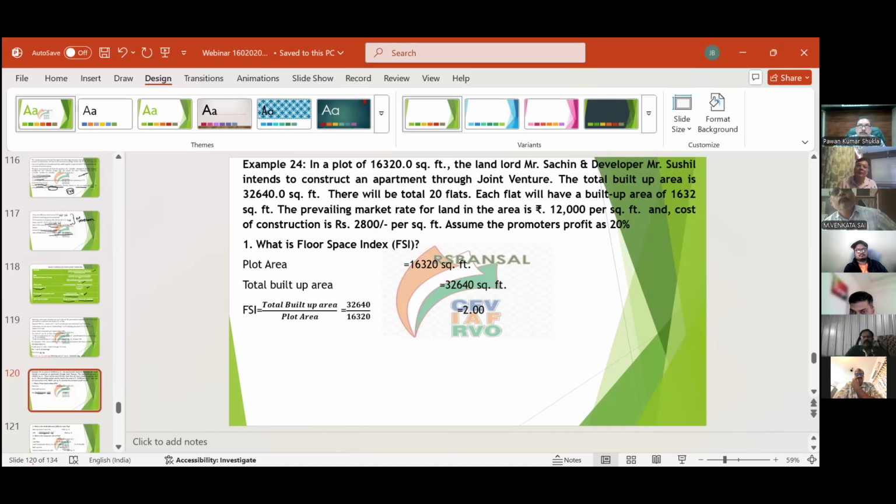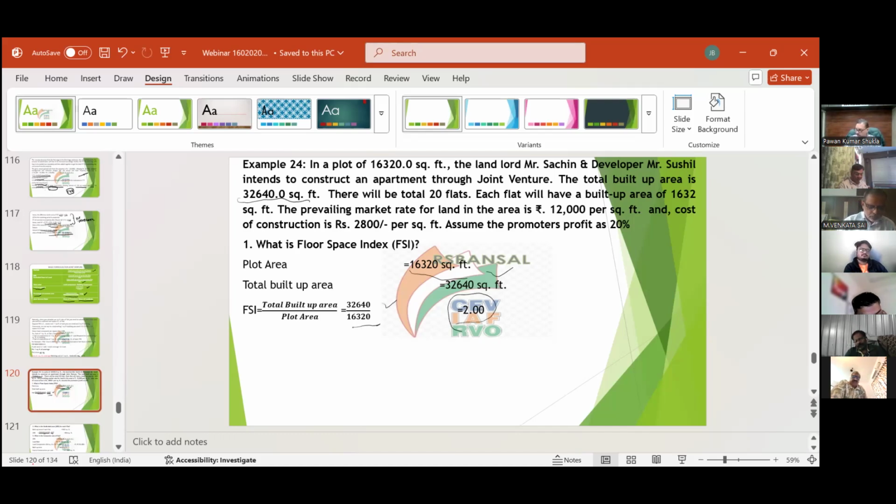What is floor space index? So FSI, you know, is total built up area divided by plot area. Plot area is 16,320 square feet and total built up area is 32,640 square feet. So FSI will be 32,640 divided by 16,320.